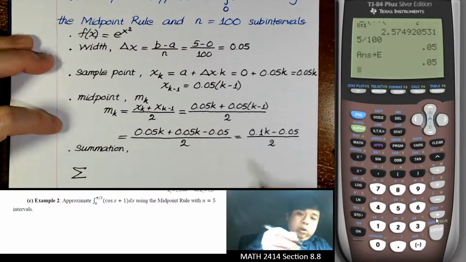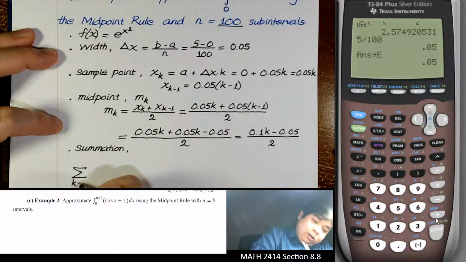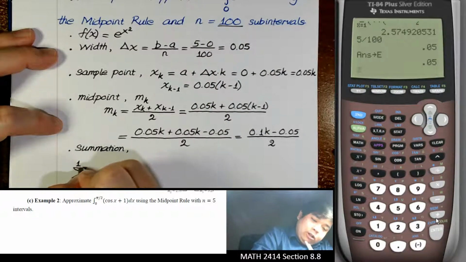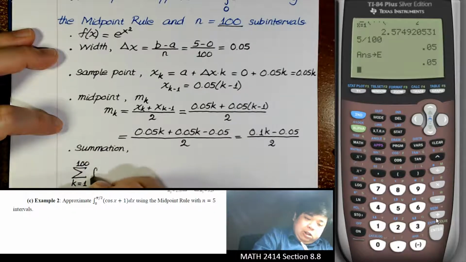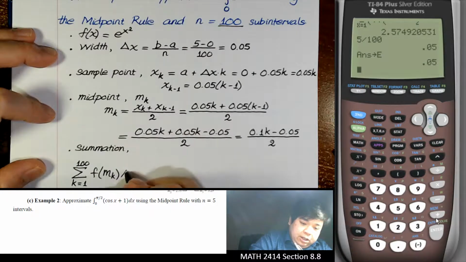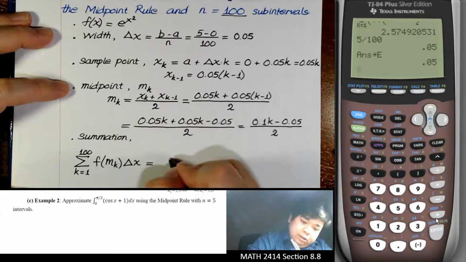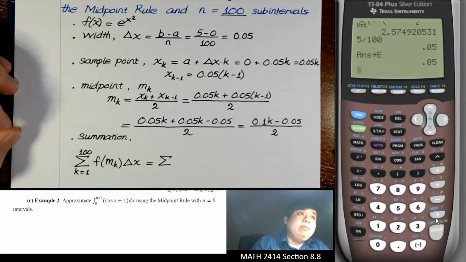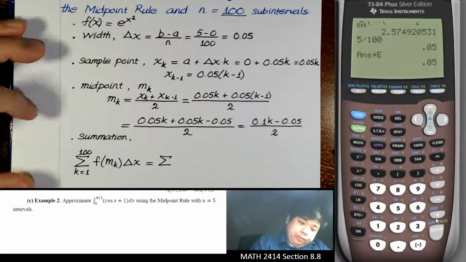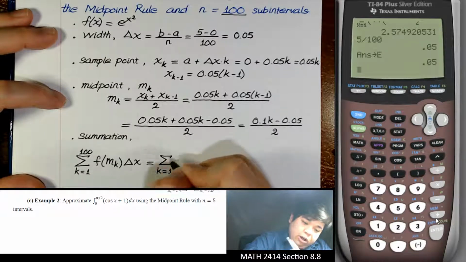Now we have 100 subinterval. So we go from 1 to 100. The function evaluate at the midpoint times delta x. So 1 to 100.